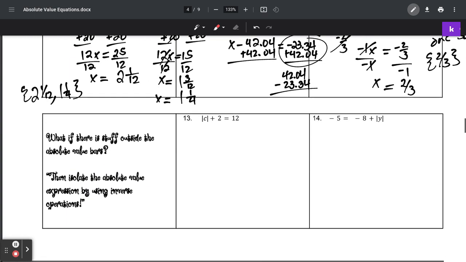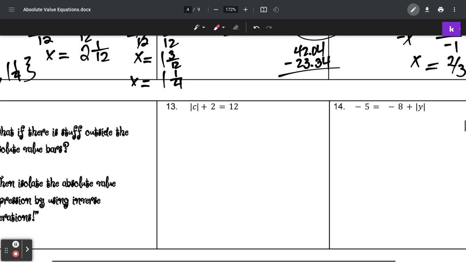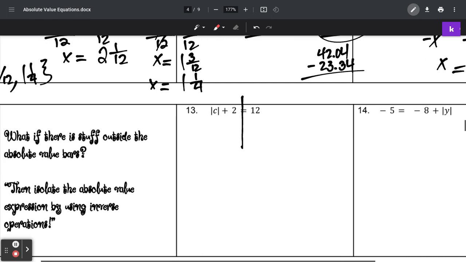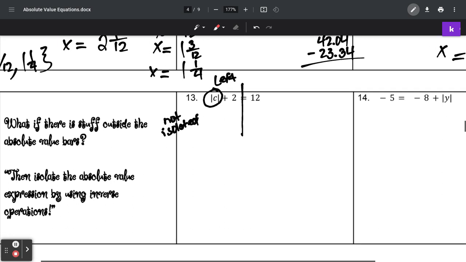All right, let's take care of these last two. We're going to use the same line of reasoning to solve these. But if you look on the left side over here, your absolute value expression is not isolated. You got some other stuff over there with it. What we're going to do is use an inverse operation to get rid of it.